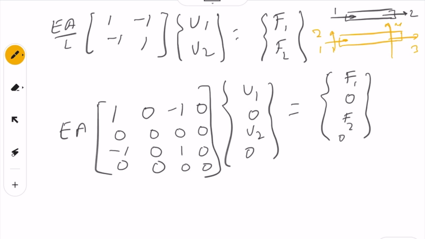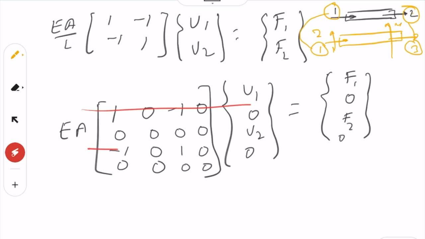So you can see how it matches, this 1 and 1 matches, and then 3 and 2 match, right? In the local system, 1 2 means 1 3.